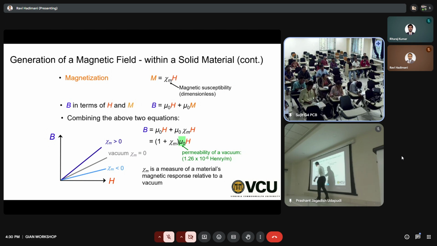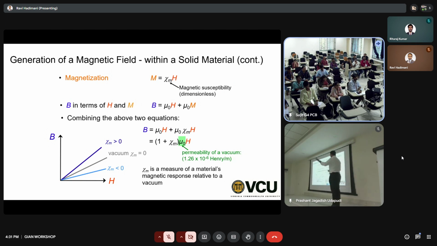But if you plot M versus H for the same materials, vacuum will have 0 M, and a negative susceptibility material will show negative M. So whatever effect you get for ferromagnetic materials, you get the opposite effect when you use a diamagnetic material, if you look at magnetization.